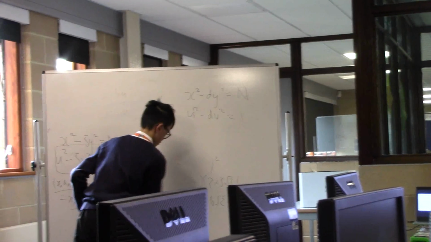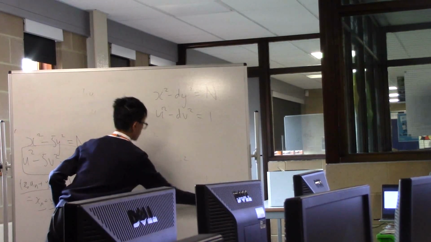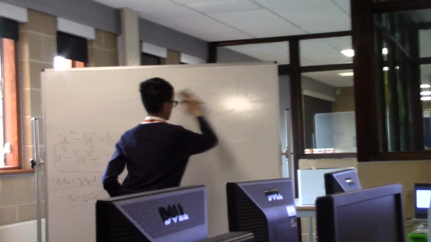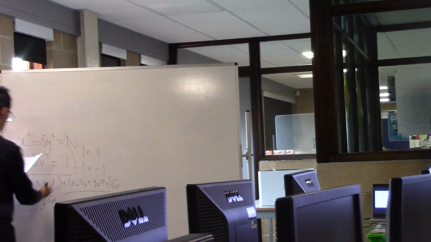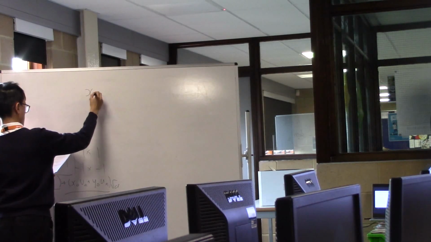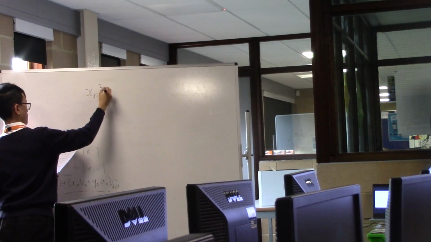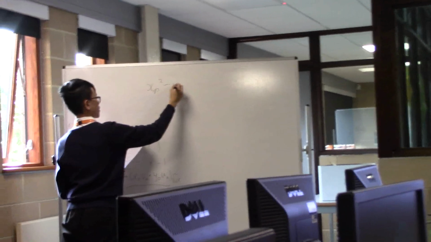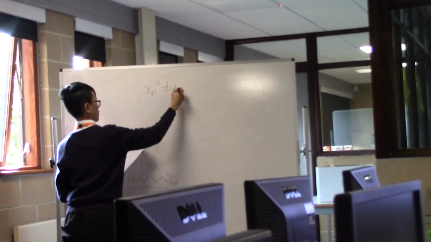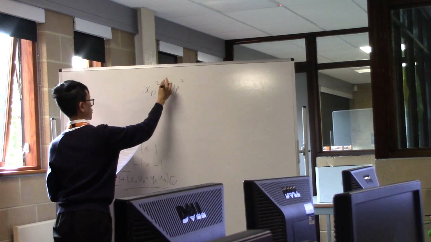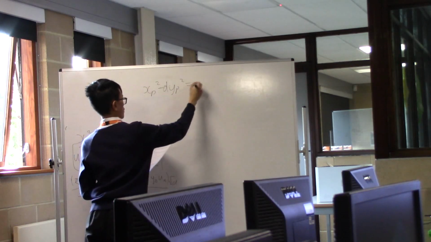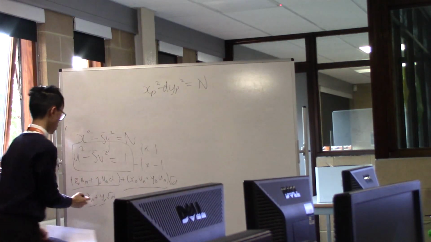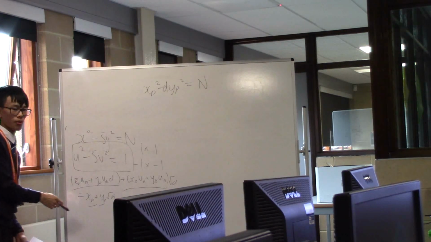Doing that, you should get some cancellations. Now we can plug that into our original generalized Pell's equation, equal to n. So we plug this xp and this yp into here.